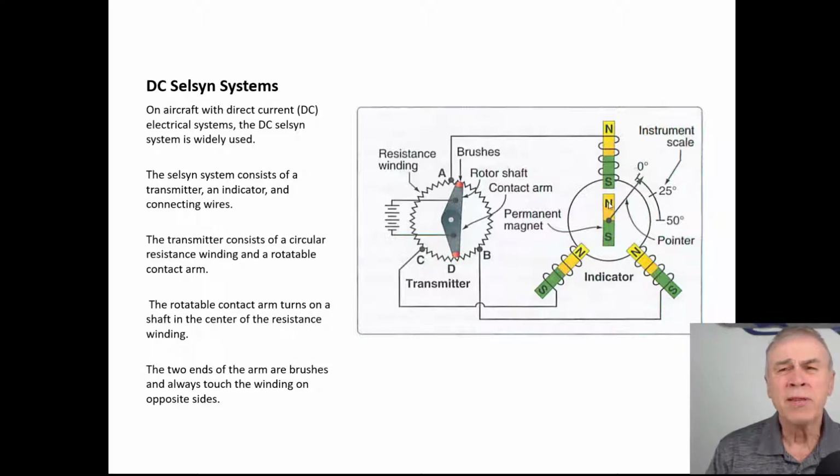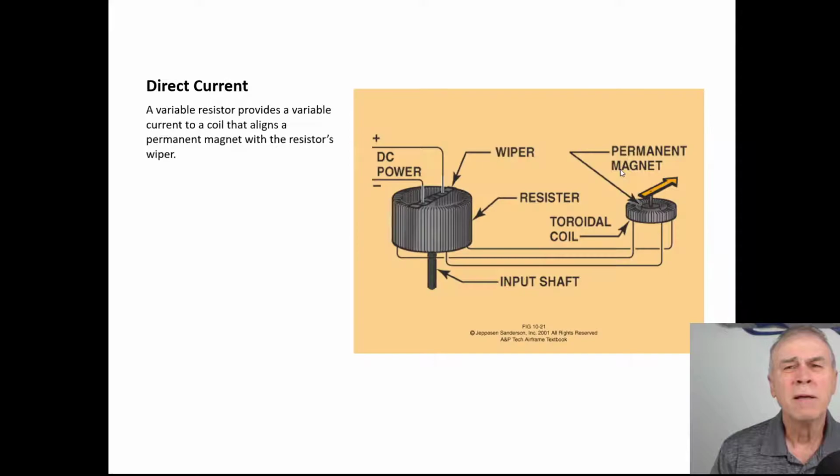The instrument on this side basically points between north and east, and it basically is calibrated to agree with whatever the transmitter is sending. We did talk a little bit about direct current, DC.